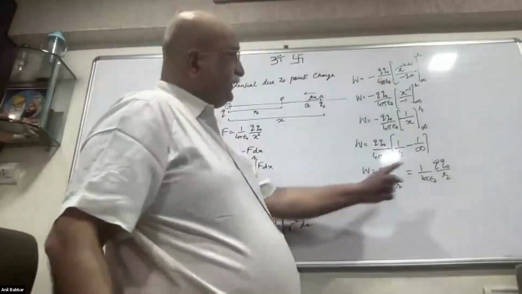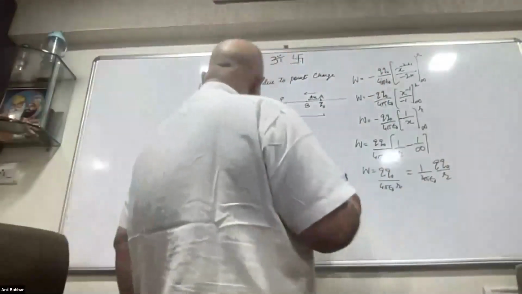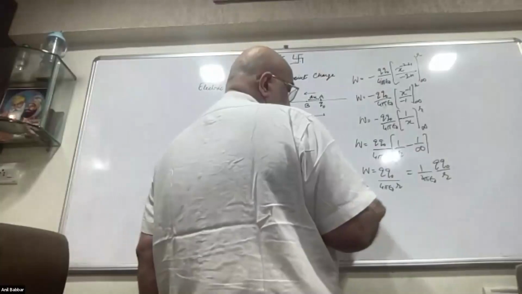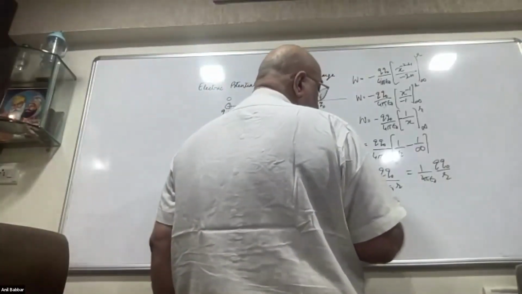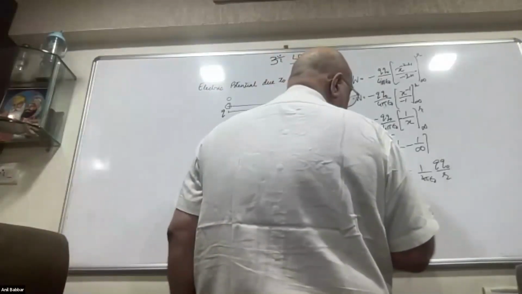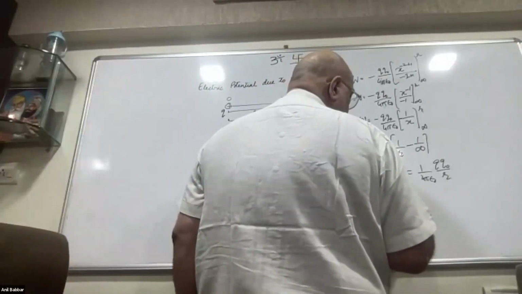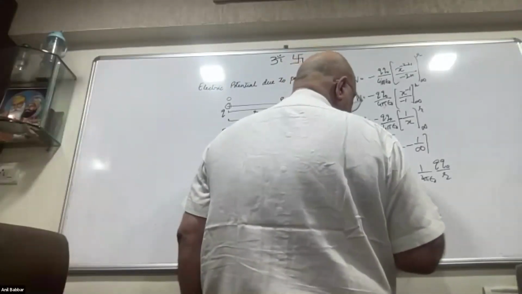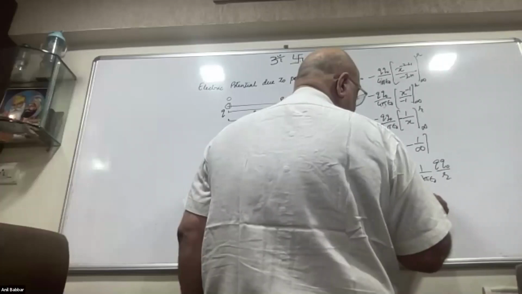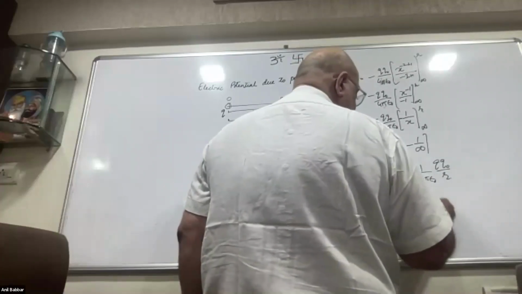Now this is the work done. We were finding the potential. This potential is equal to work done upon test charge. We get 1 by 4 pi epsilon naught q naught upon r into 1 by q naught. This goes with this.